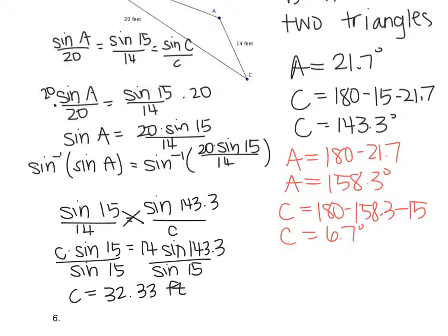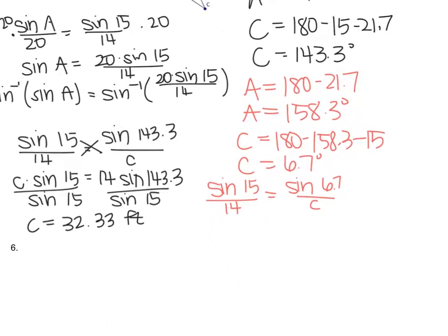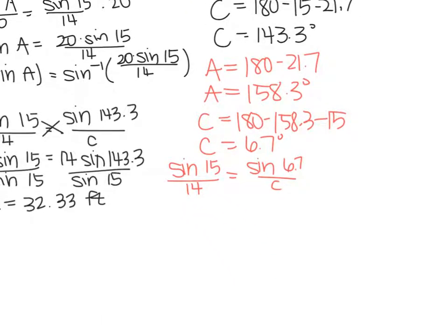Now to solve for side C, we're going to set up our ratio using sine of 15 over 14, and this time setting it equal to sine of 6.7 over side C. Cross multiply, we get C times the sine of 15 equals 14 times the sine of 6.7.